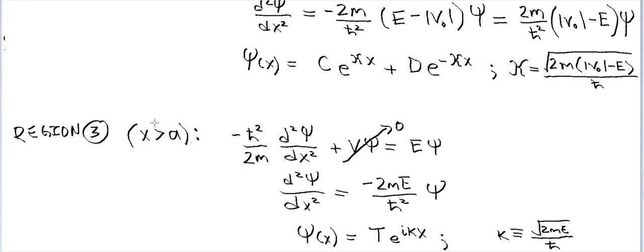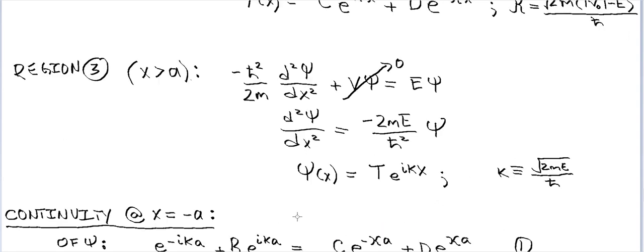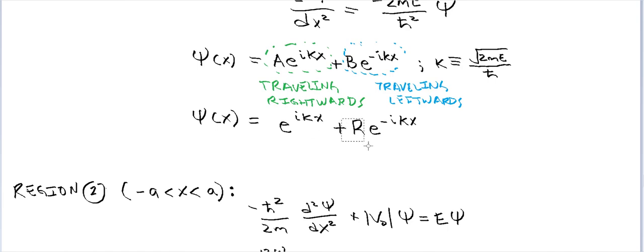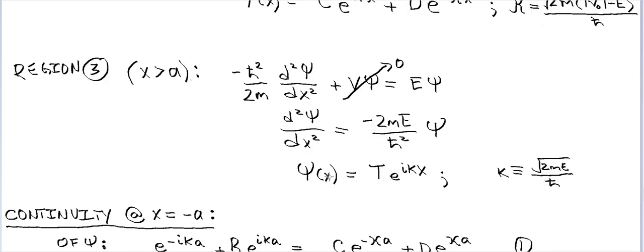So this time, x greater than a, minus h bar squared over 2m d squared psi dx squared plus 0 is equal to E psi. D squared psi dx squared is minus 2mE over h bar squared times psi. Just like in region 1, where I named the coefficient R for reflected, here I want to name the coefficient T for transmitted.